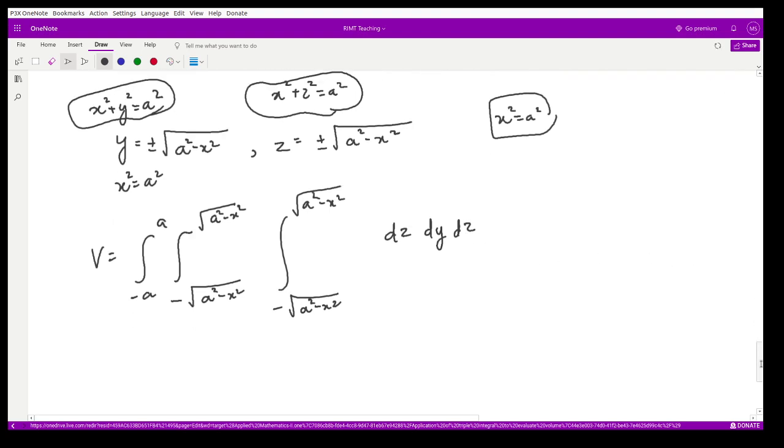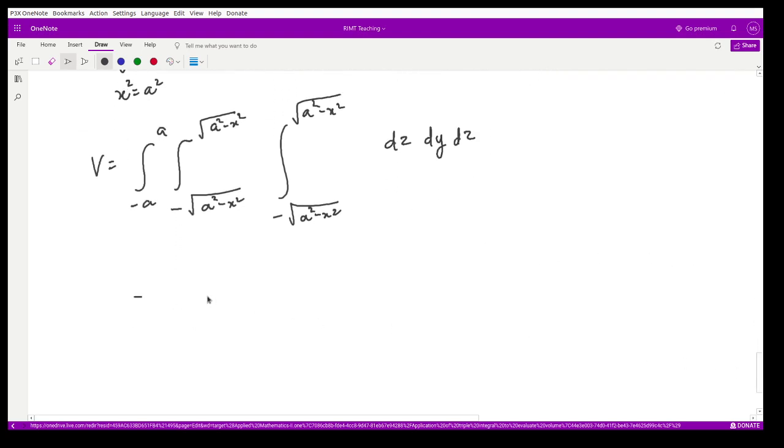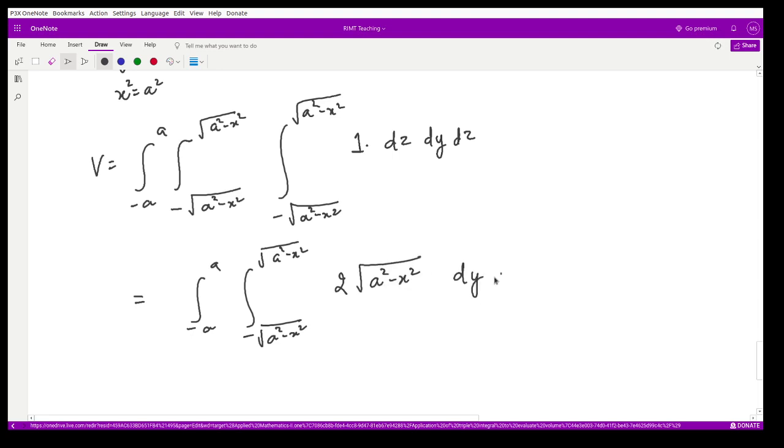So here this thing is equal to integration from minus a to a, these limits as such, and then we will have the integration of 1 with respect to z, which is z, and when you substitute these limits, you will have 2 into square root of a square minus x square, and dy and then dx.